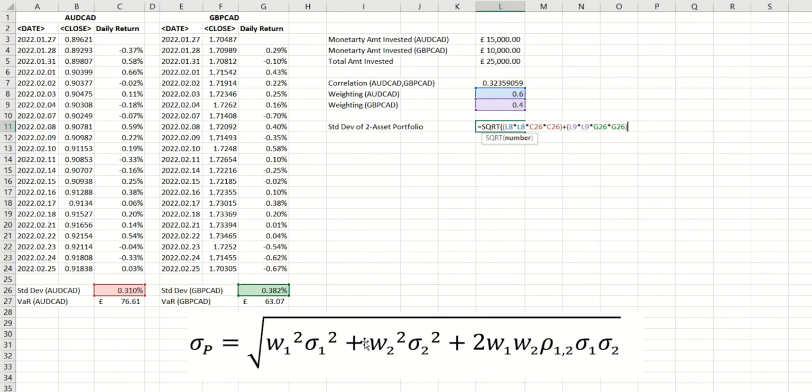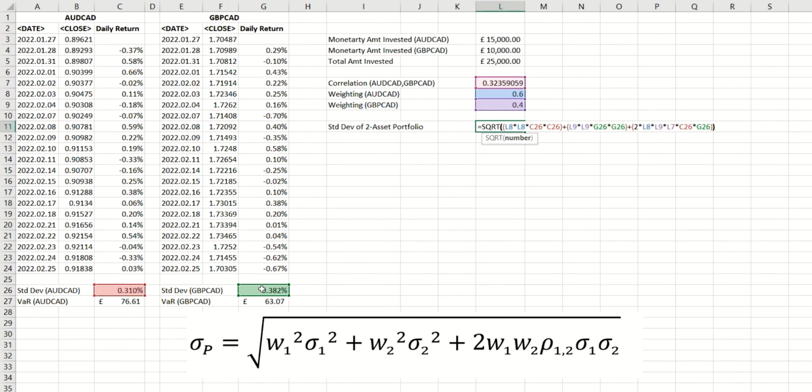So that's the first two terms taken care of. And then the final term here is 2 multiplied by weight 1 multiplied by weight 2 multiplied by the correlation, which of course we've just calculated here, multiplied by the standard deviation of position 1, which is this value, multiplied by the standard deviation of position 2.